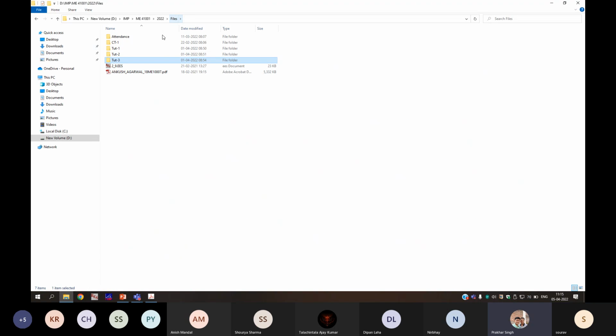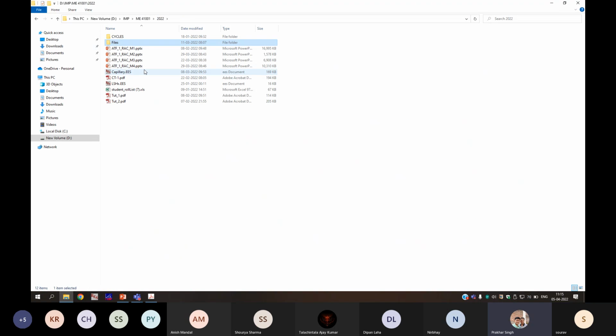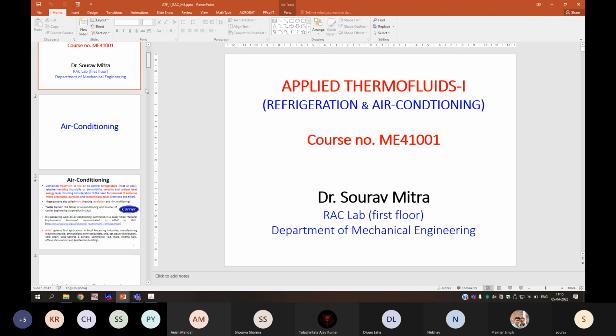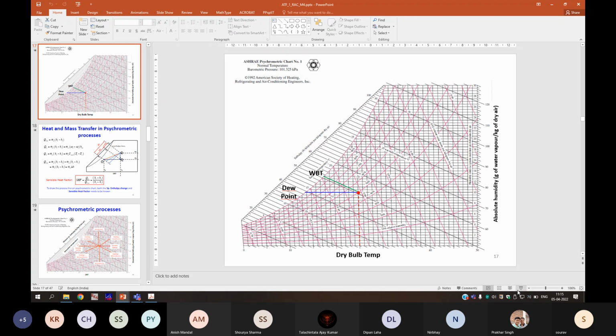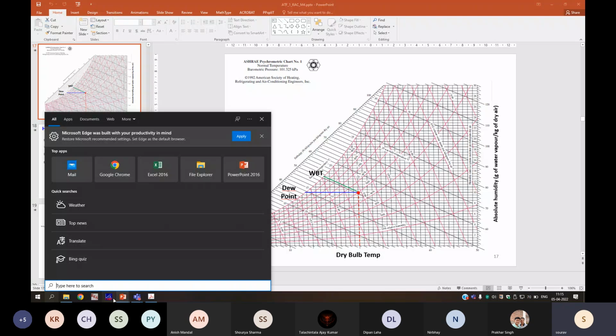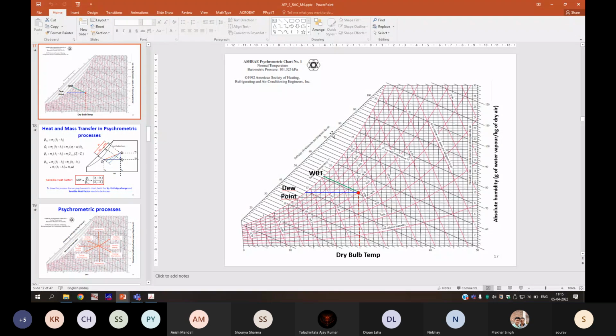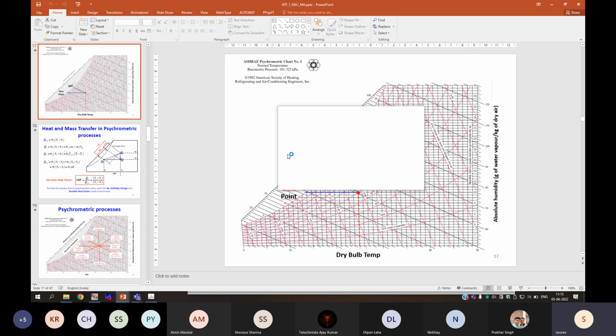Sorry, if you can confirm. Let's get clean information. Let's use the ES then. Have you used ES, or are you doing the problem just from the psychrometric chart? So from the chart.